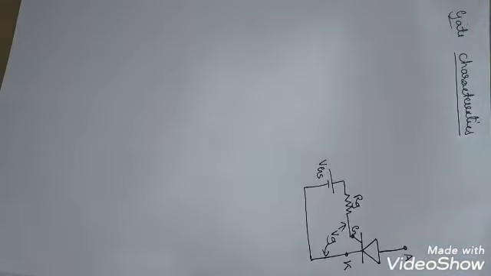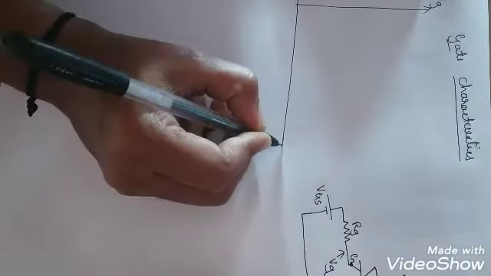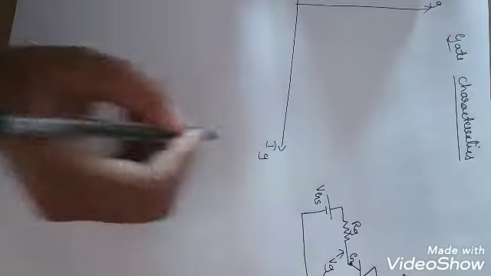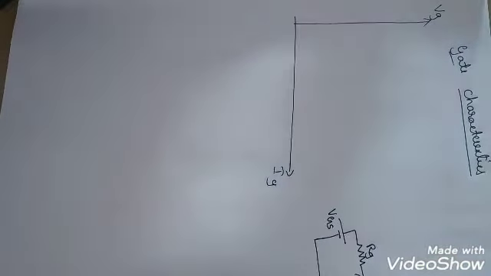Like how we drew the SCR characteristics already, that is with respect to anode current and voltage across the SCR, similarly here also the graph: on the y-axis the gate voltage Vg and on the x-axis the gate current Ig. With respect to gate voltage and gate current we are drawing the characteristics of gate.